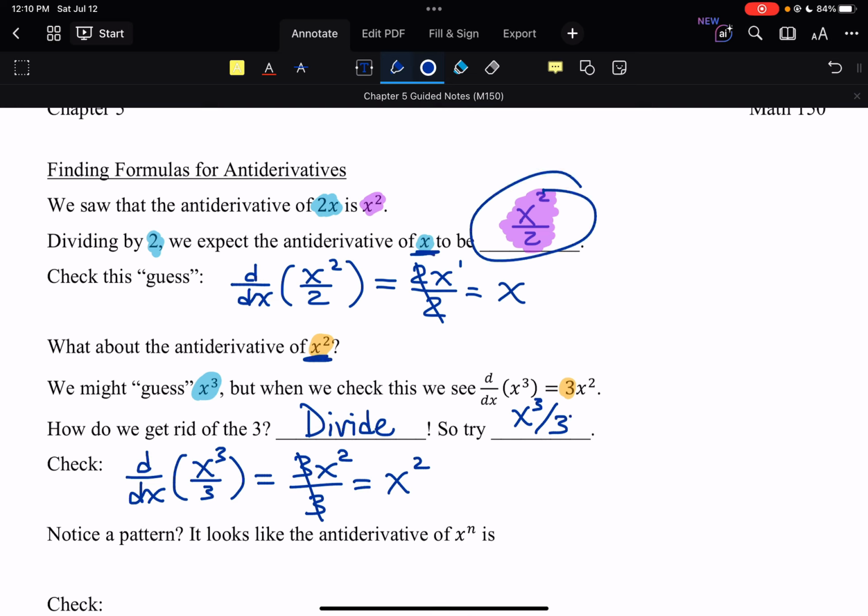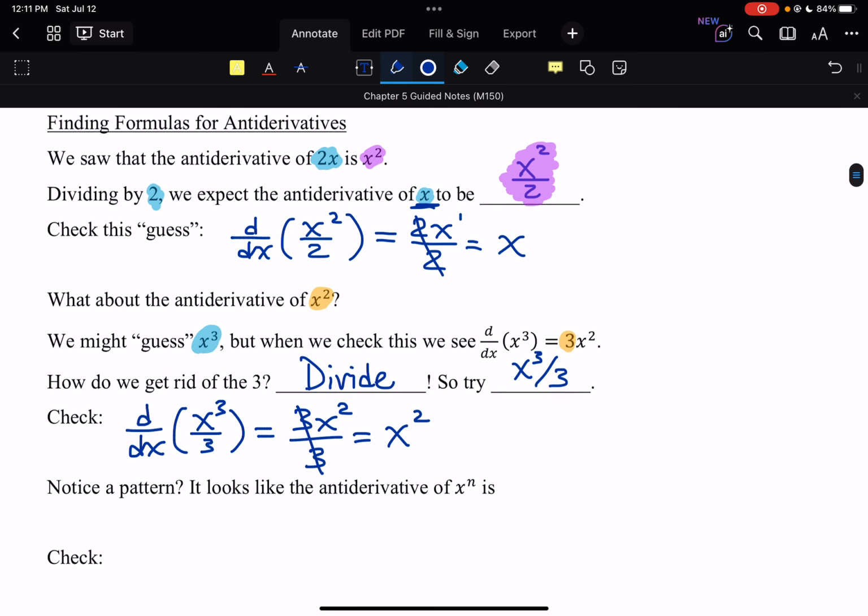Antiderivative of x squared, x cubed over 3. If we continue this pattern, you could calculate antiderivative of x cubed would be x to the 4th over 4. Antiderivative of x to the 4th is x to the 5th over 5. This pattern continues, and we can generalize it.